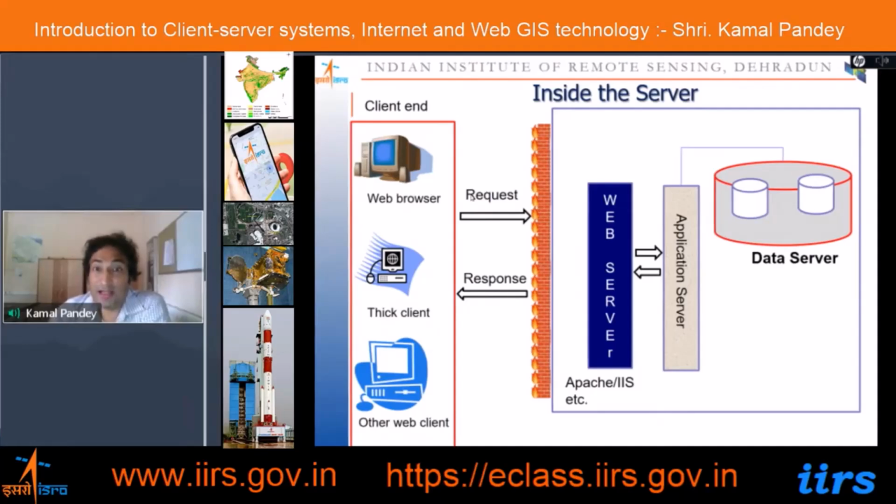So the user is sending some information from his side as well to the server, and the server is passing it on to the application. The application is reading those bounding box values and getting the land use map, for example, from the database server, producing the maps in the form of HTML and giving it to the web server, then the web server gives it back to the client.